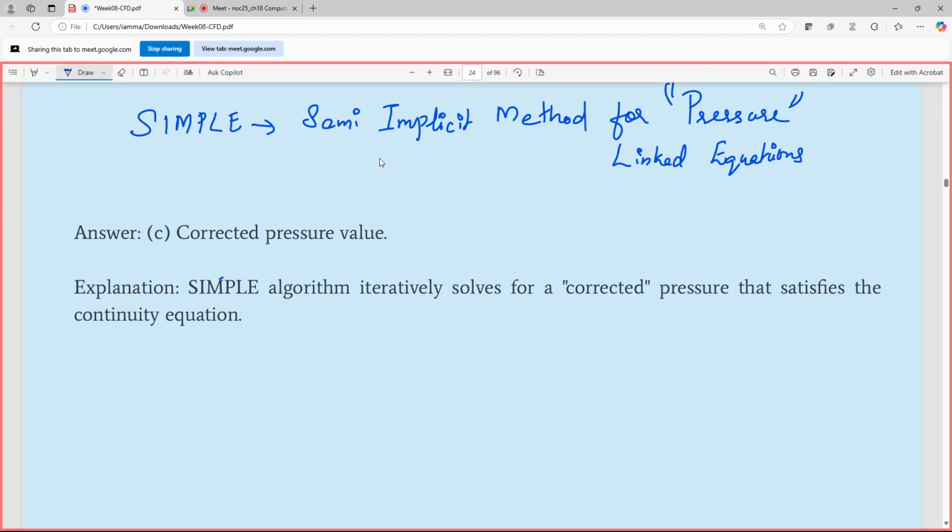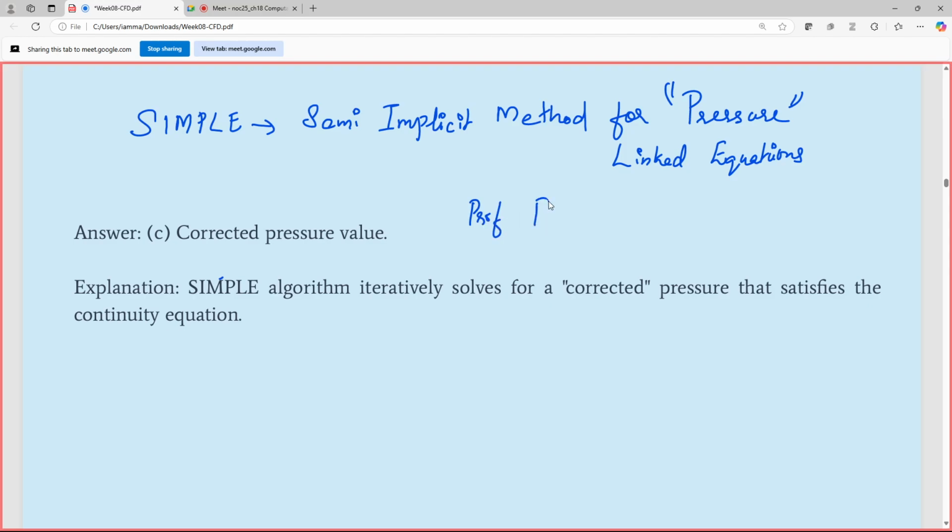This method was developed by Professor Patankar and Spalding, and it works very well with the pressure coupling. It solves the pressure coupling problem very well. In this method, a corrected pressure term is used, so that corrected pressure is used to link between the equations. That's why the question is asked.